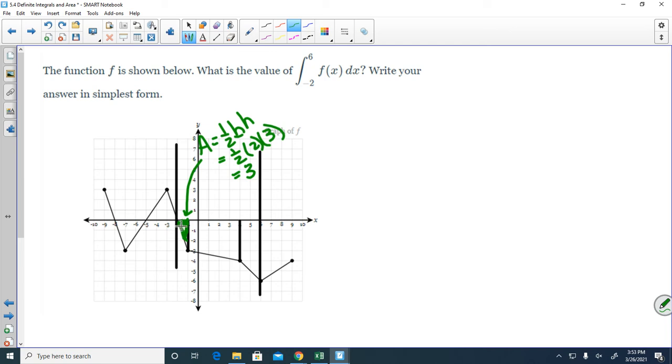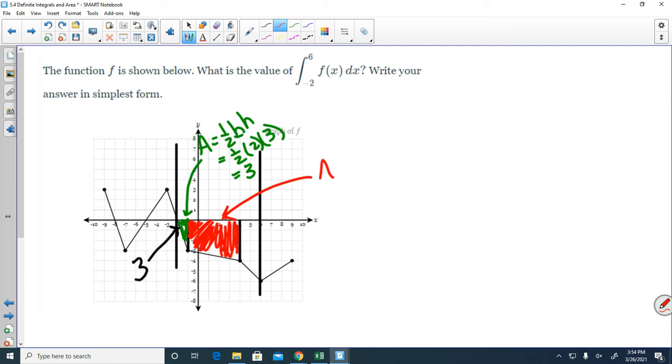So the area of this triangle is 3. Then this middle section kind of looks like it might be a rectangle. However, notice this line is slanted, so we do have to be careful here. This is actually a trapezoid.